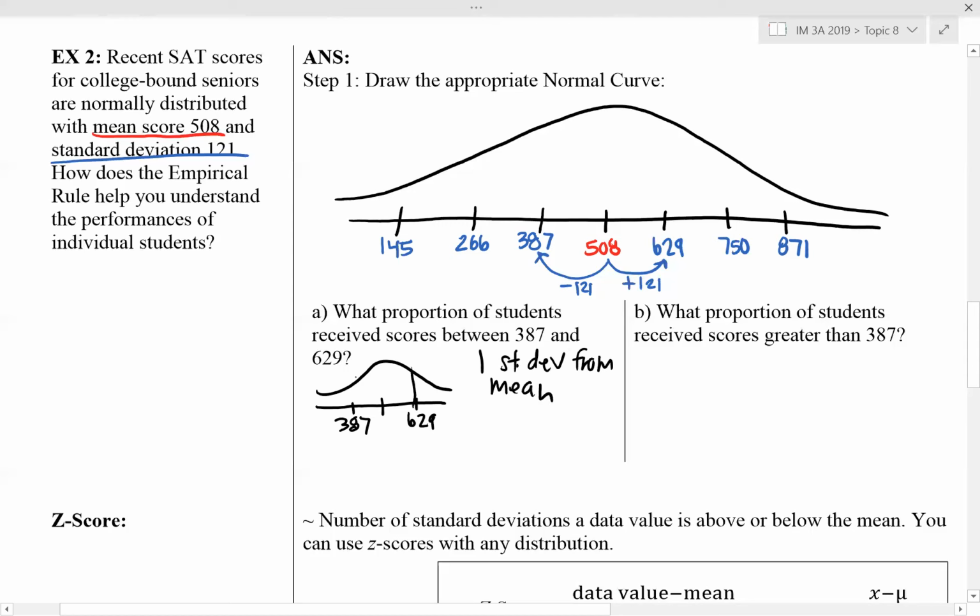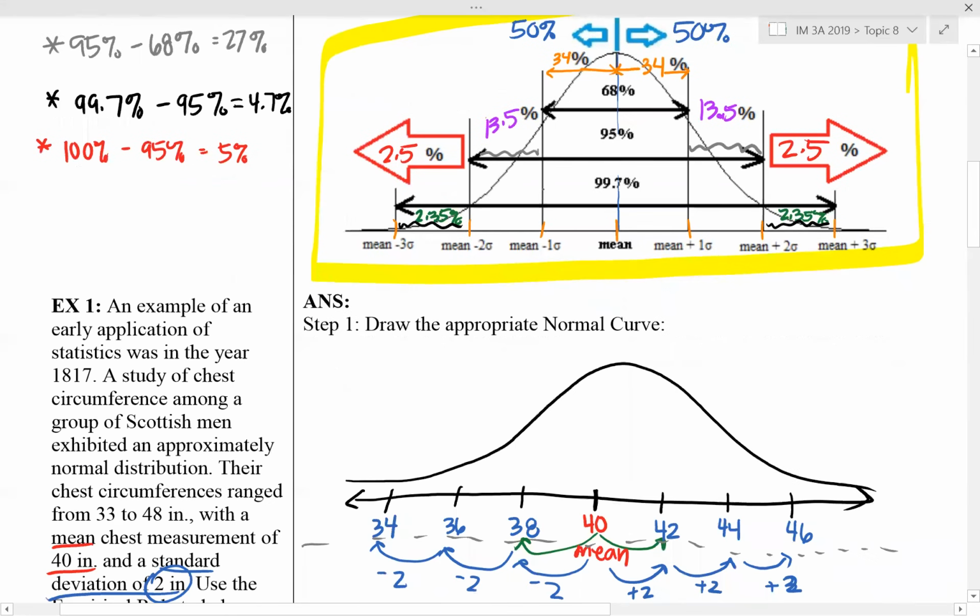So that's that first number in the empirical rule. That means that 68% of the scores lie between those two numbers. So 68% is between those first two lines on the normal curve, right? If I'm looking at the mean plus and minus 1 standard deviation, 68% is the answer.